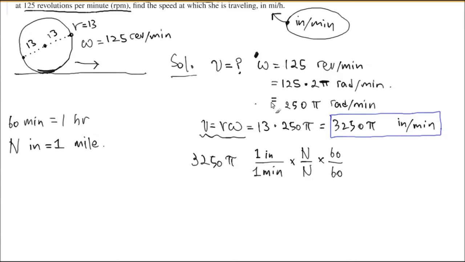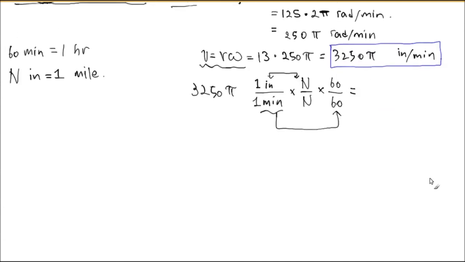So I'm going to group these two, right? And I'm going to group these two so that I can change the units correctly. So here's what happened. 3250 pi. Look at the numerator. 1 inch and times n together becomes 1 mile, right? So I'm going to write 1 mile.